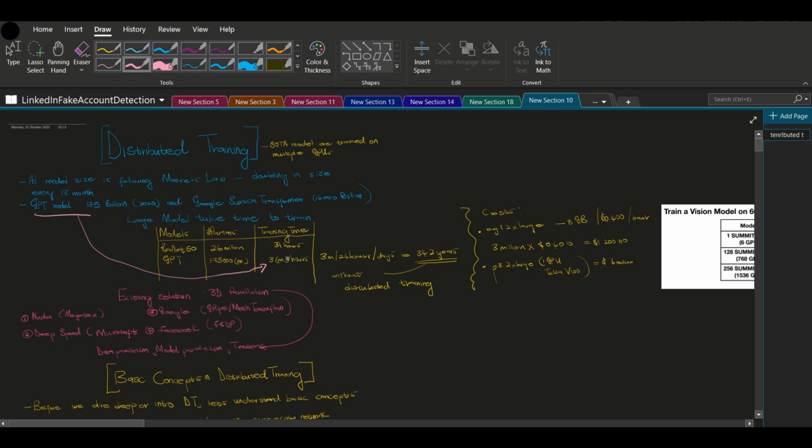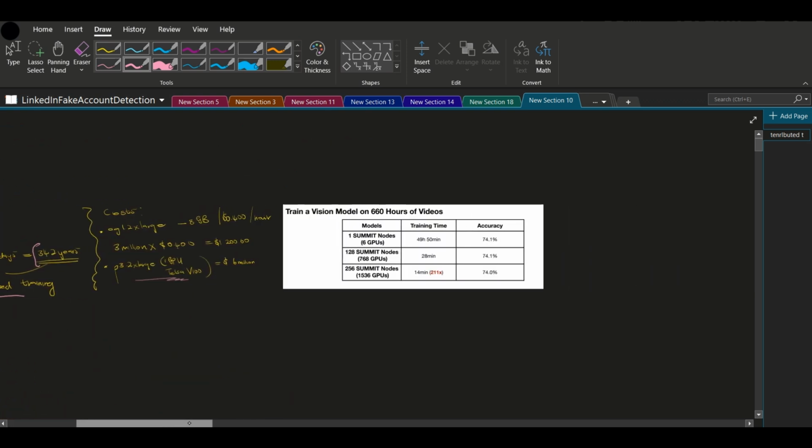We can see that it will take us 3 million hours to train this without distributed training. Converting this into years, we can see that it will take over 342 years, right? If you go to AWS and get the Tesla V100 server, you'll see that it will cost you $6 million to train this model.